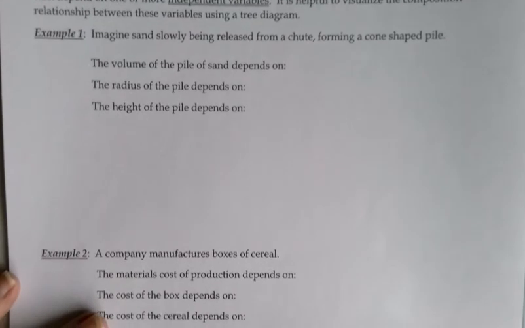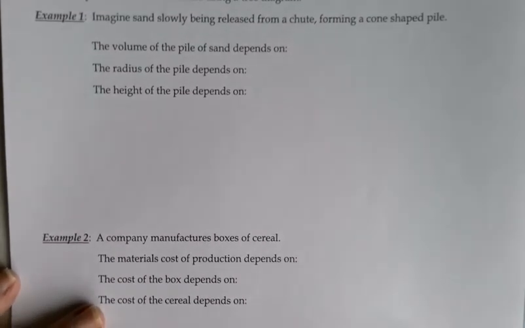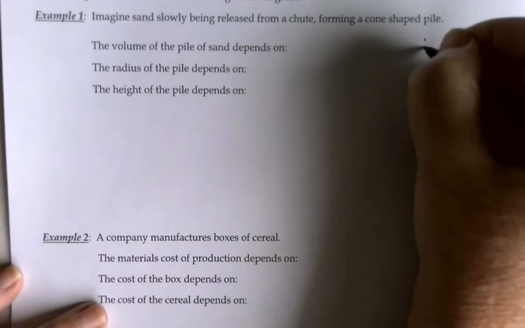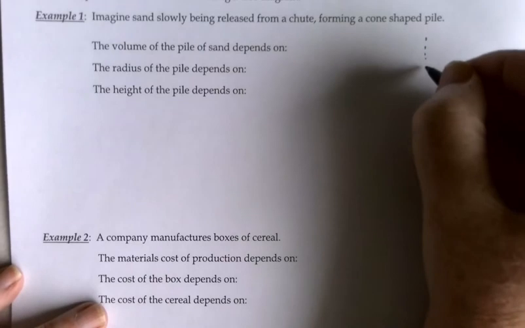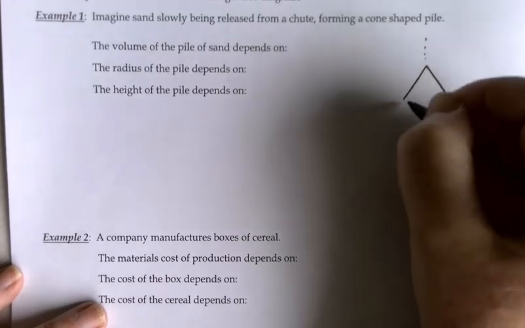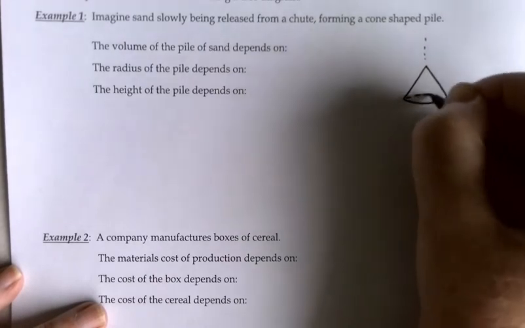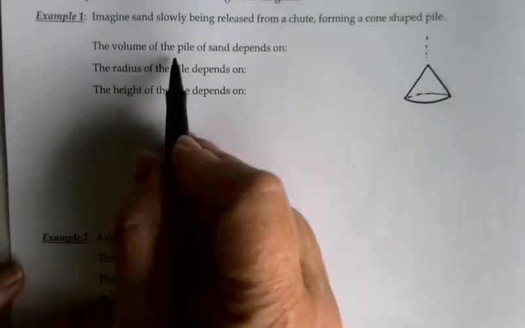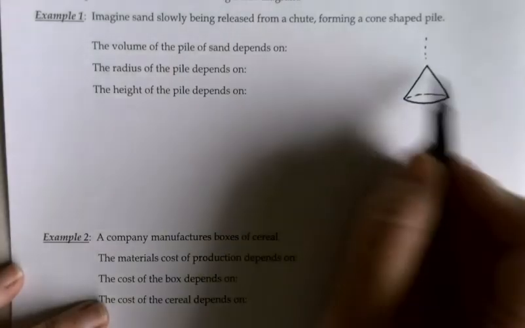So in the first example, imagine that you have sand slowly being released from a chute and forming a cone-shaped pile. So your sand dripping down, forming this conical pile. I'd like to know something about the volume of this pile of sand.